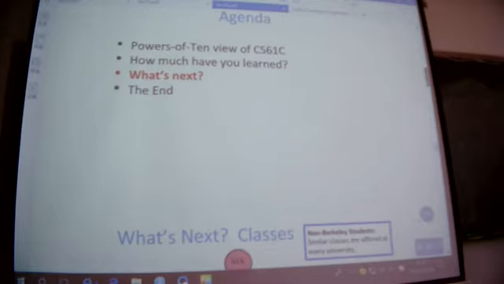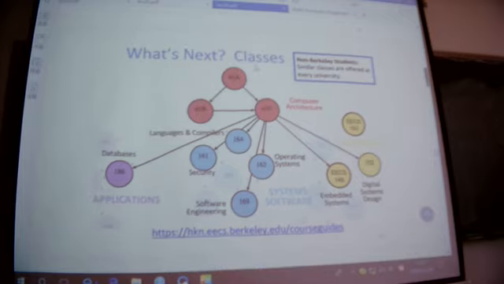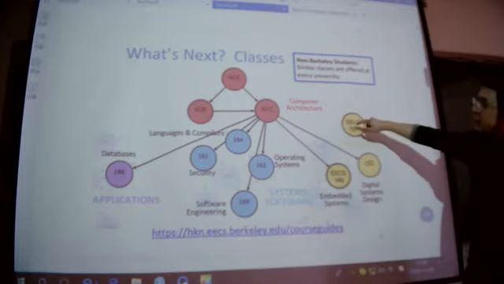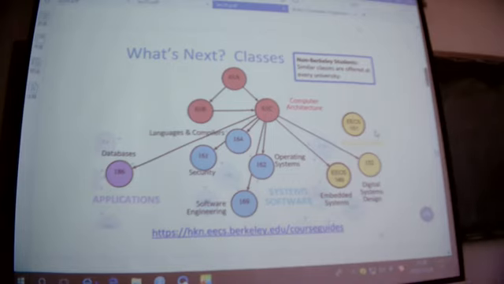Okay, the authors give us what's next: database, applications, languages and compilers, security, software engineering, operating systems, computer architecture, embedded systems, and digital system design. So you can see there are some terms for the next classes.